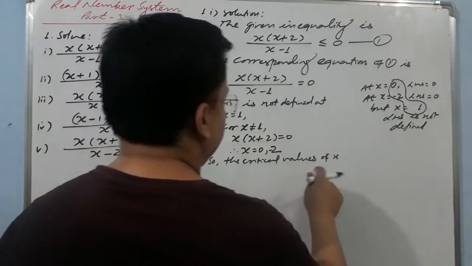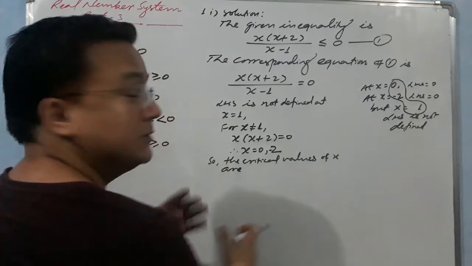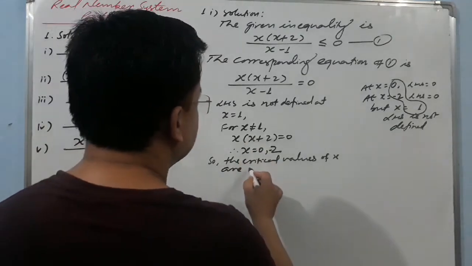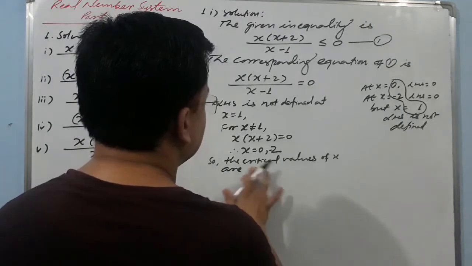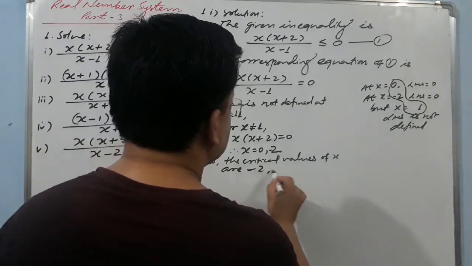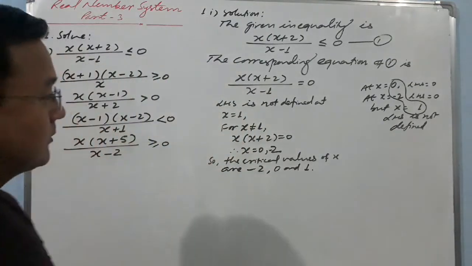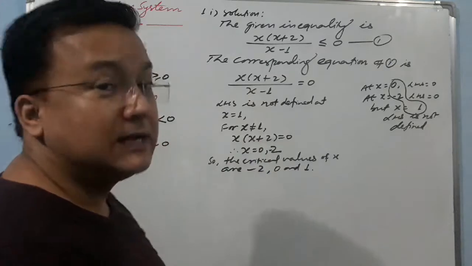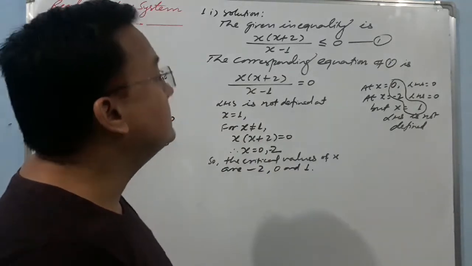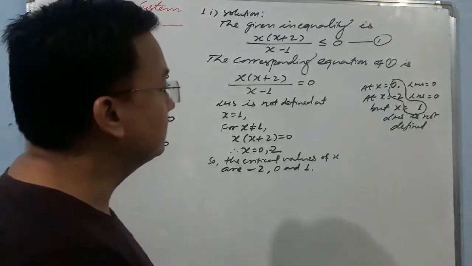So the total critical values, in ascending order, are negative 2, 0 and 1. 1 also we will include, because at x is equal to 1 your left hand side is not defined. I can't ignore it when you need to take the intervals, right?